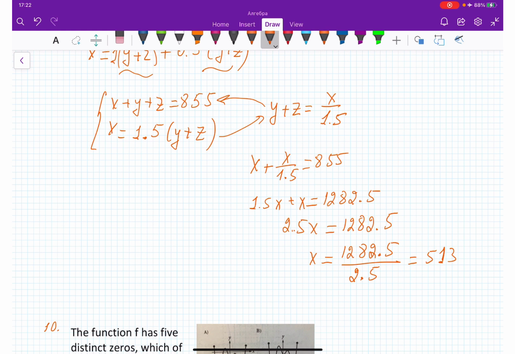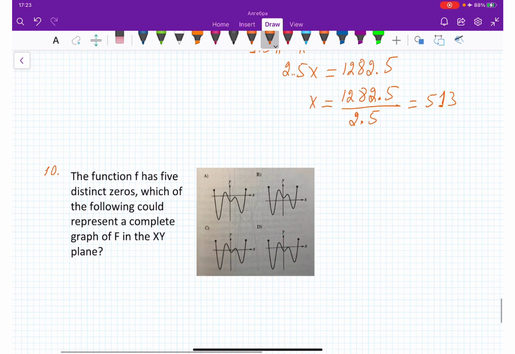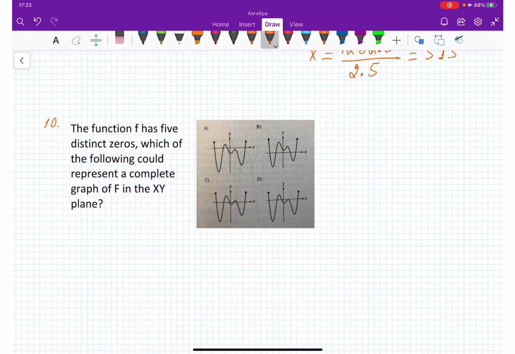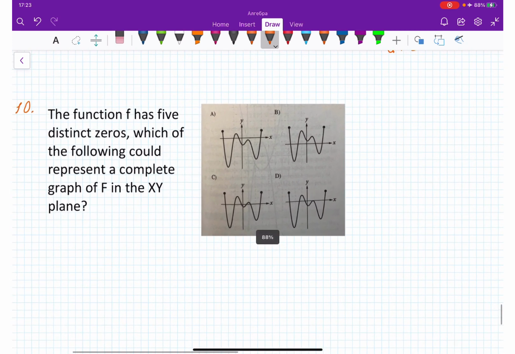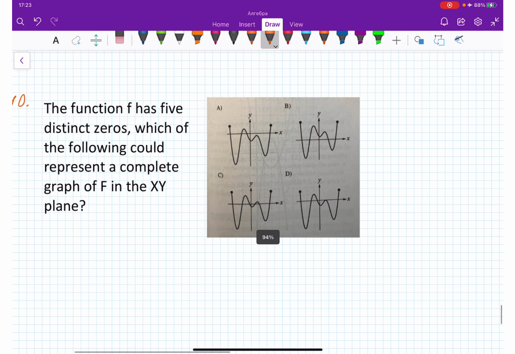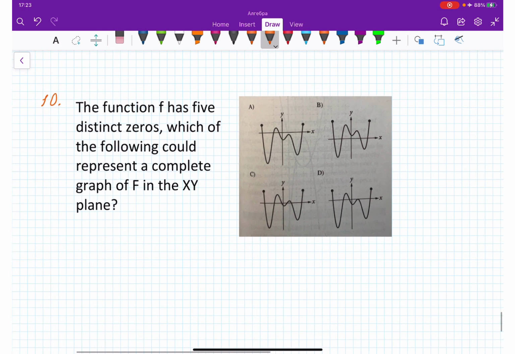All right, and moving to the last one, the function f that has 5 distinct zeros. Which of the following could represent a complete graph of f in the xy plane? Since the keyword here is 5 distinct zeros, when we have 5 zeros, that means 5 intercepts, right, where y is equal to 0? Those are x-intercepts.